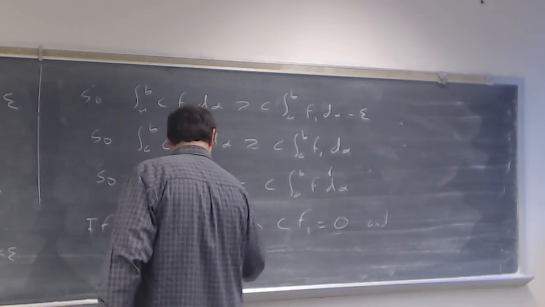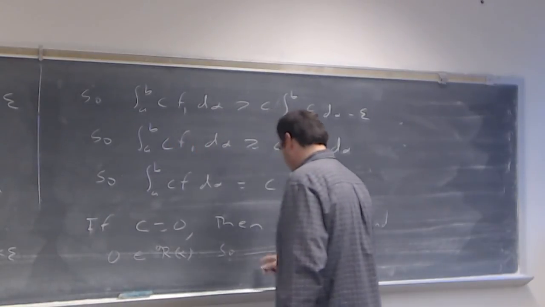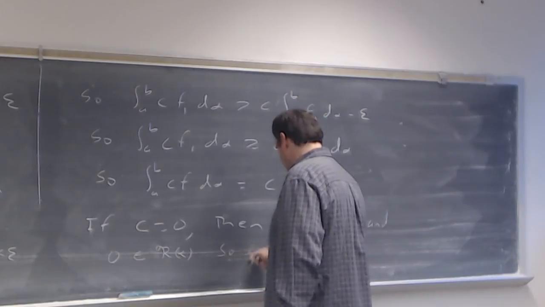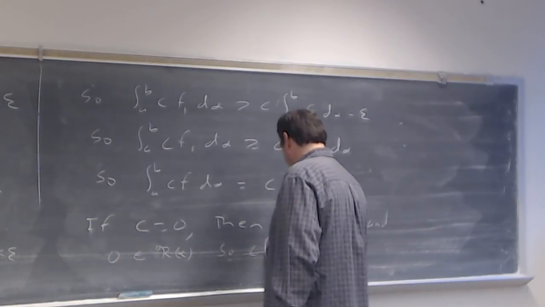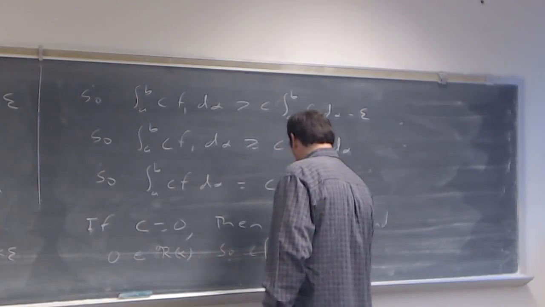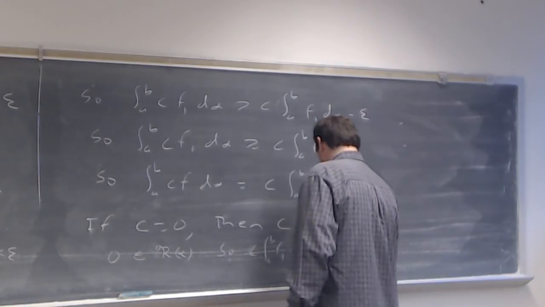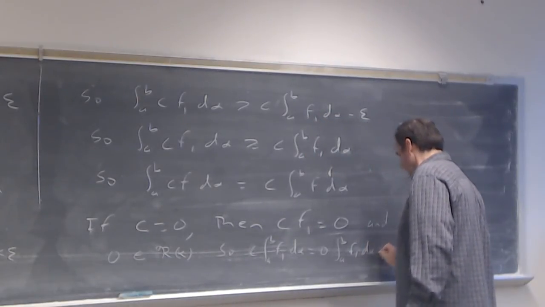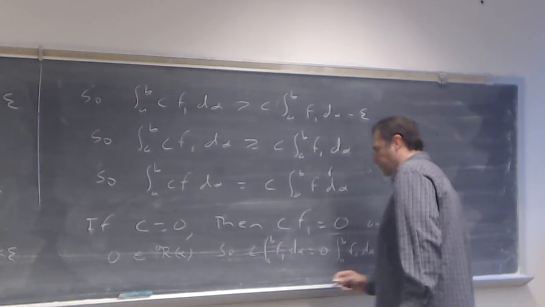Okay? So what we have in this case is that c times the integral from a to b of f sub 1 d alpha, well, that would be 0 times a number. And that's just equal to 0.